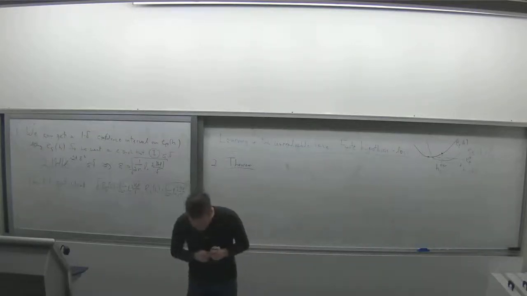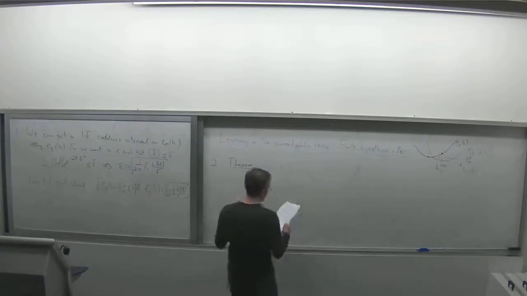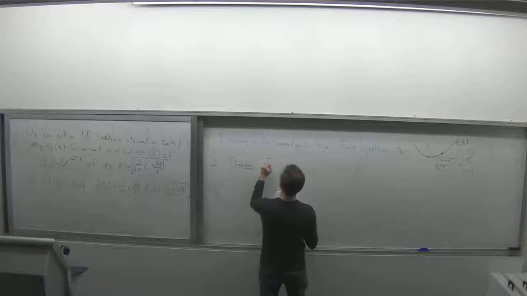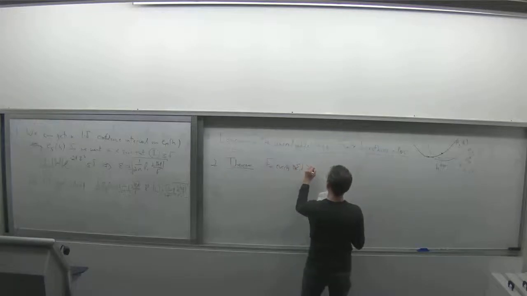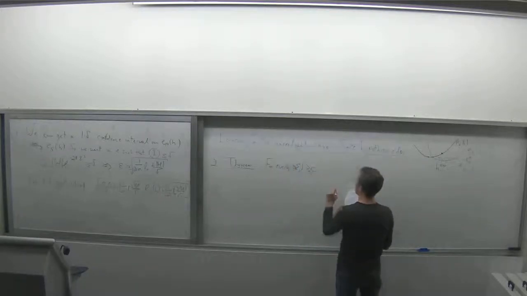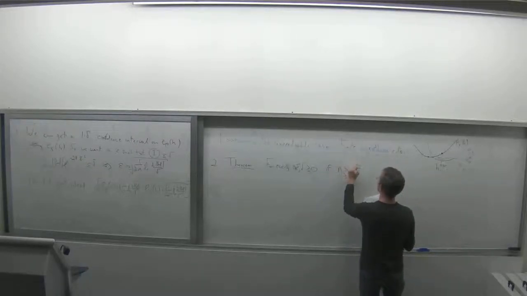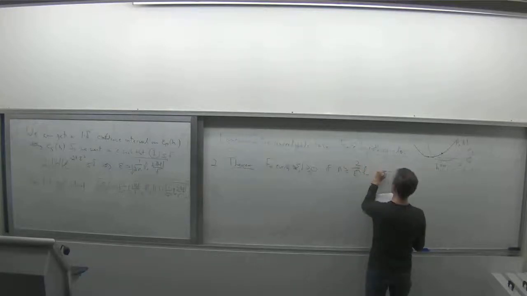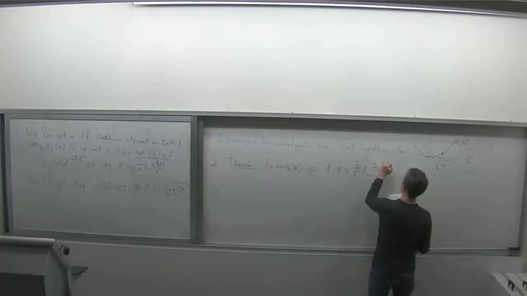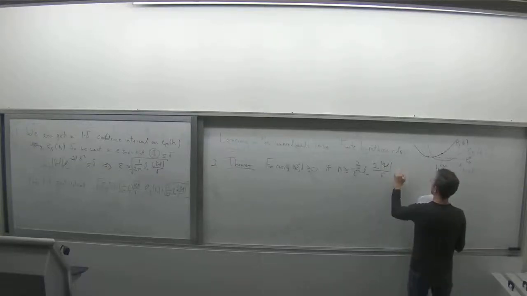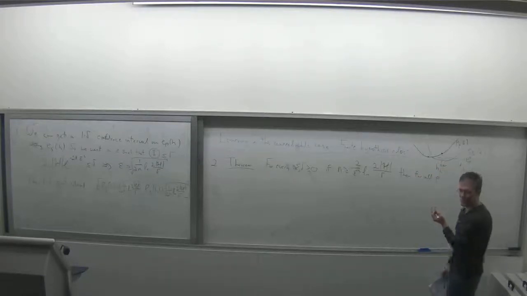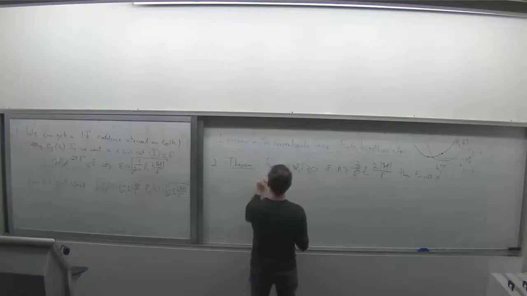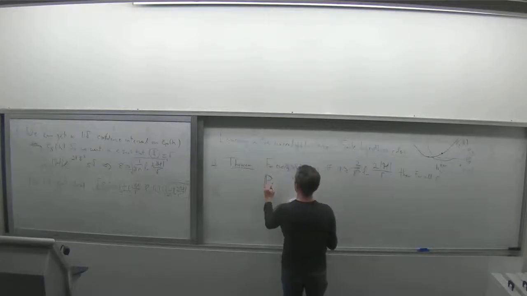So the theorem that I mentioned at the end of last class says that for every epsilon and delta greater than 0, if you take a number of samples greater than 2 over epsilon squared ln 2H over delta, then for all P, regardless of what the true distribution is, you are essentially epsilon far from the best error you can get.